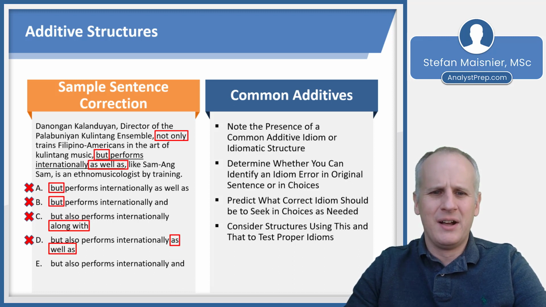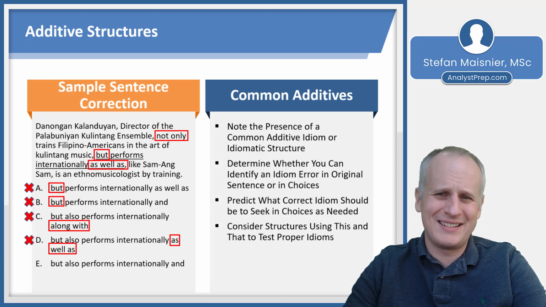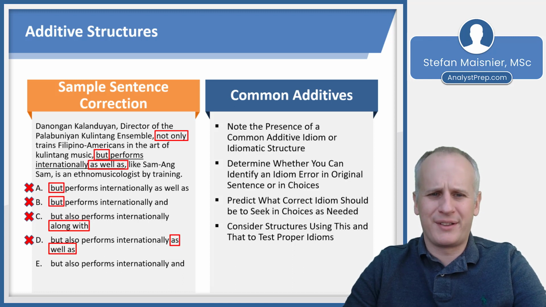And if we did "performs internationally along with," that just doesn't make logical sense. And if we wanted to use this or that, it's not necessarily required here because you could hopefully see pretty quickly that the "as well as" and the "along with" are not what we need.